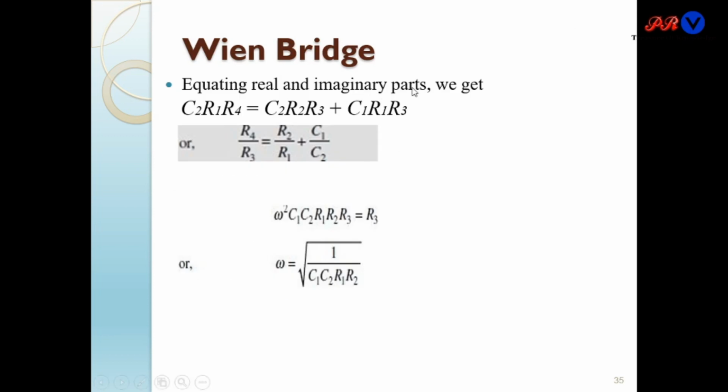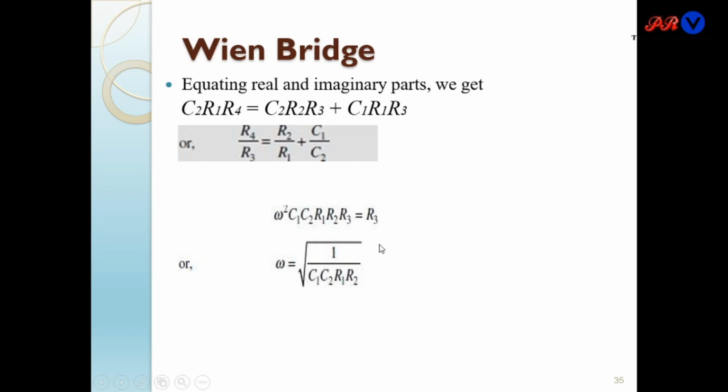Equating real and imaginary parts, we get C2 R1 R4 is equal to C2 R2 R3 plus C1 R1 R3 from the real part, and from the imaginary part we get R3 is equal to omega square C1 C2 R1 R2 R3, where omega is the angular frequency.